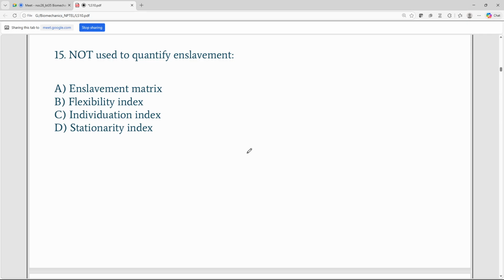Next question. What was not used as a method to quantify enslavement in the study? Options are: option A, enslavement matrix, option B, flexibility index, option C, individuation index, option D, stationarity index.